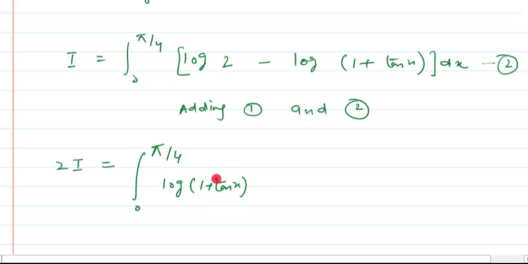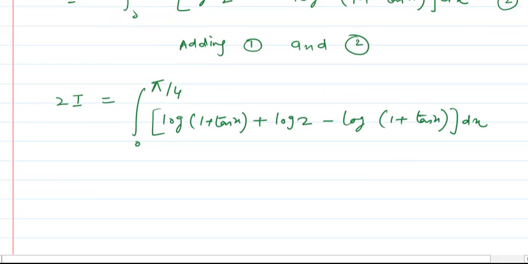This is the first part from the first relation, and from the second relation we are having plus log 2 minus log 1 plus tan x dx. So what are you observing over here? Yes, these two get cancelled and we are left with 2I is equal to the limits from the same 0 to pi by 4 and log 2 dx.